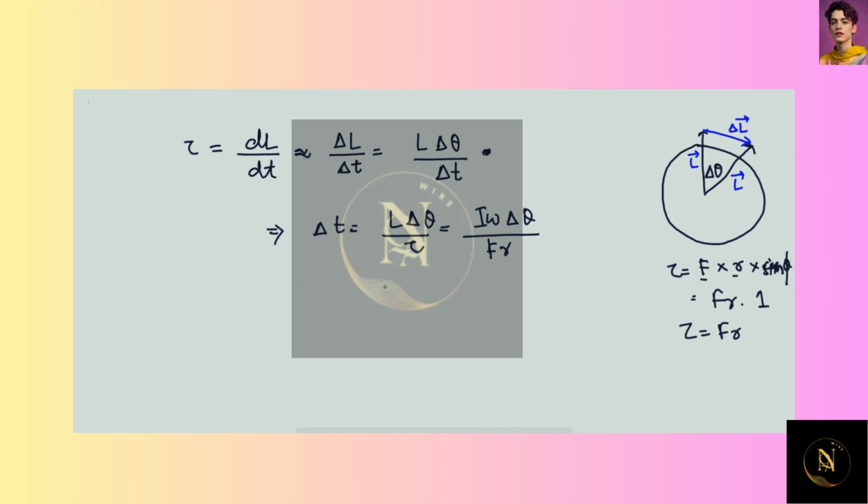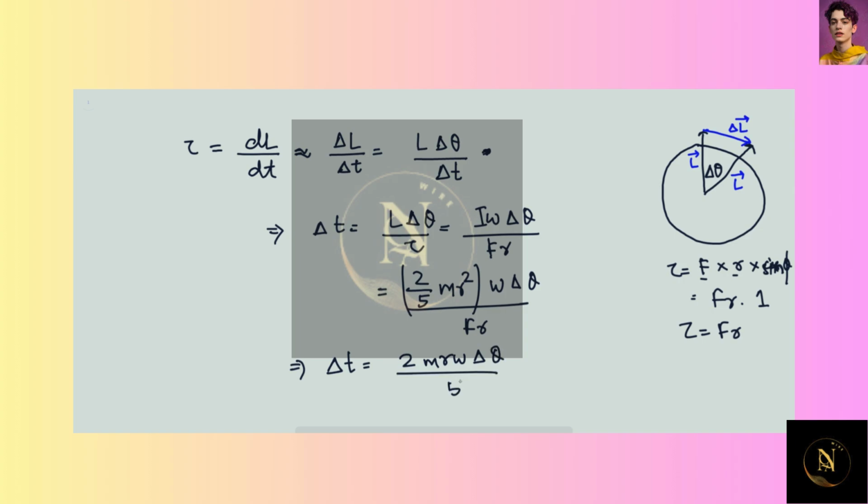Now, I for a sphere is equal to 2 by 5 mr square. Now we can simplify this equation. So we get 2 m r omega delta theta over 5F.